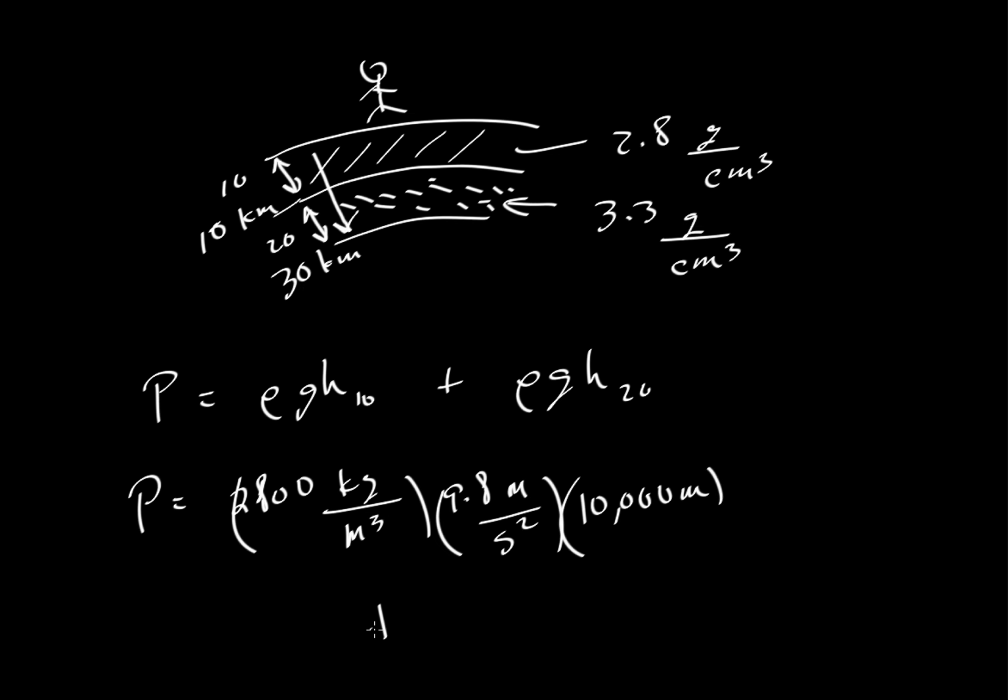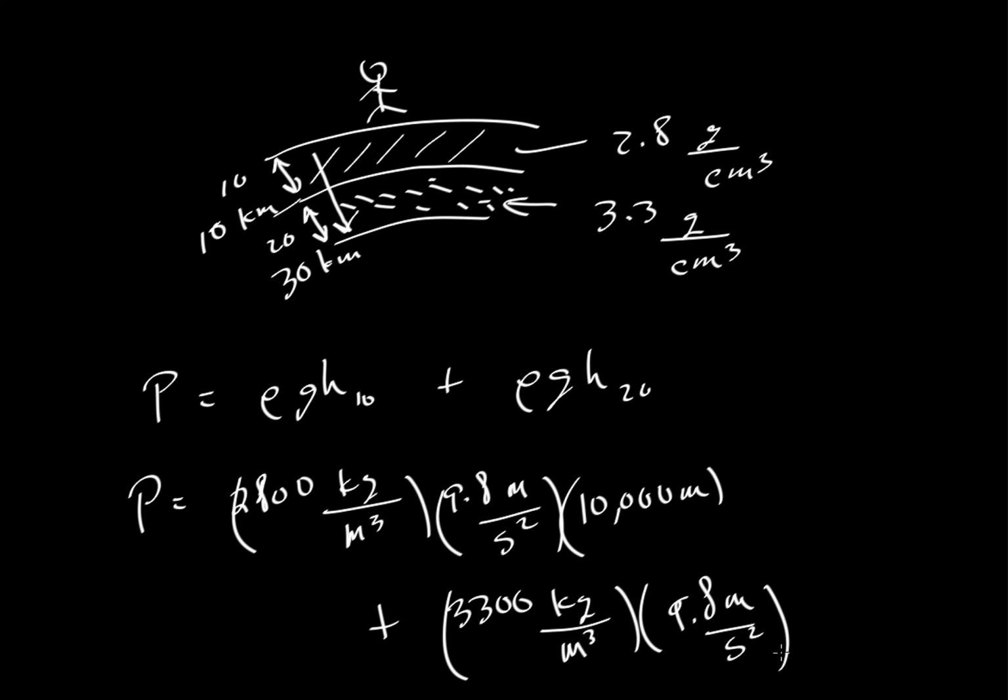And then we would add to that 3,300 kilograms per meter cubed multiplied again by 9.8 meters per second squared, and then multiplied out by 20,000 meters. So if we add those together, then we get the sum of those two pressures.